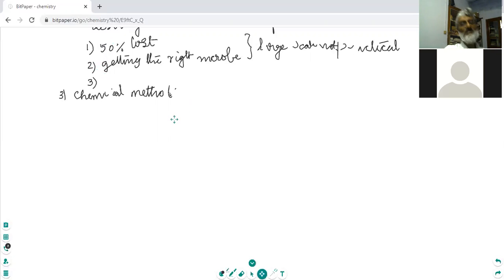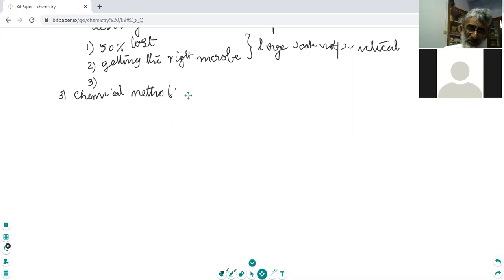But you can take advantage of another fact. The second fact is that diastereomers differ in their physical and chemical properties. So you take advantage of this fact.